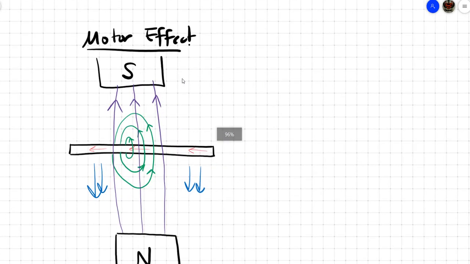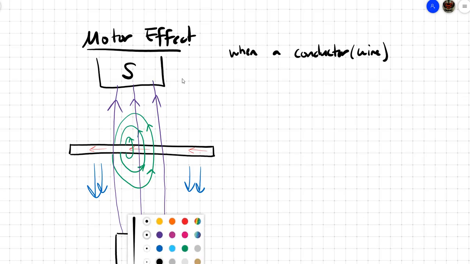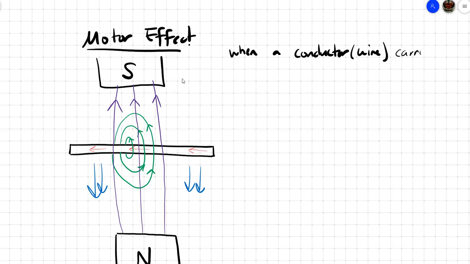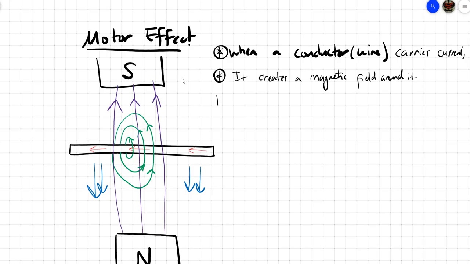So here is the explanation. When a conductor, so in this case the wire, or a coil of wire, carries current, it creates a magnetic field around it. Right.